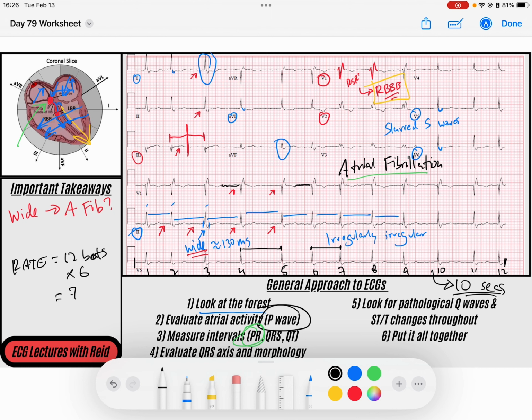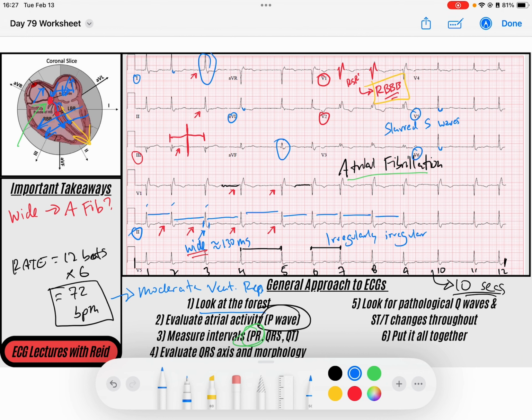And so we get 72 beats per minute. That's my rate. And so that rate here is a normal or moderate ventricular response. So that's a moderate ventricular response.